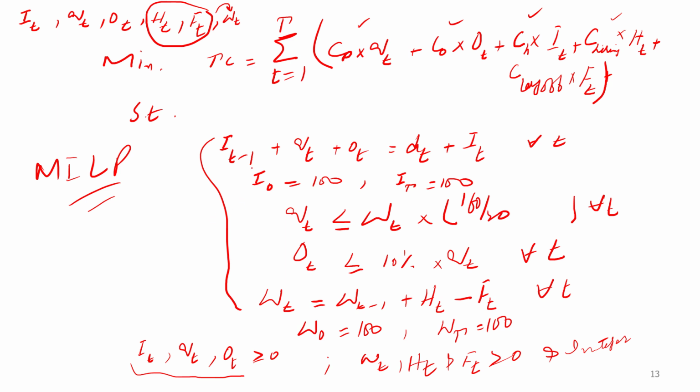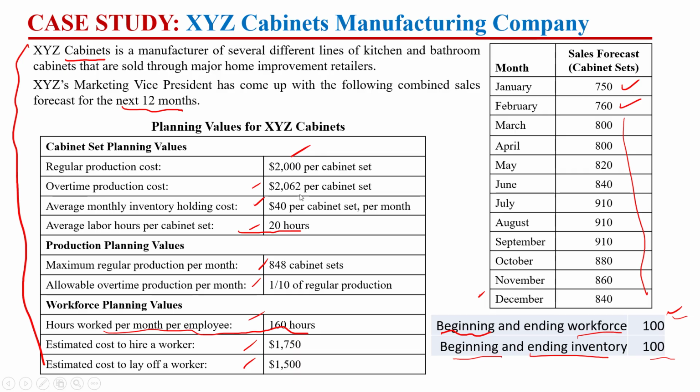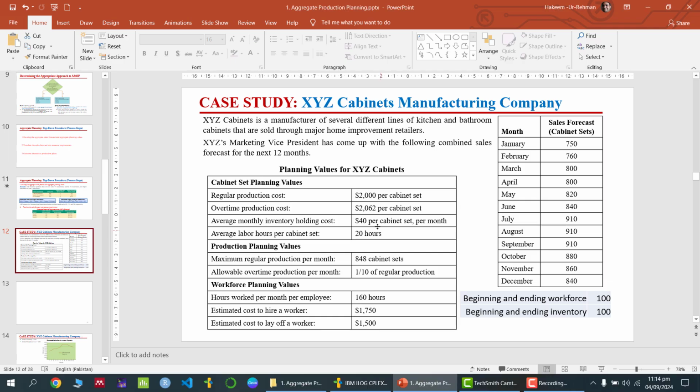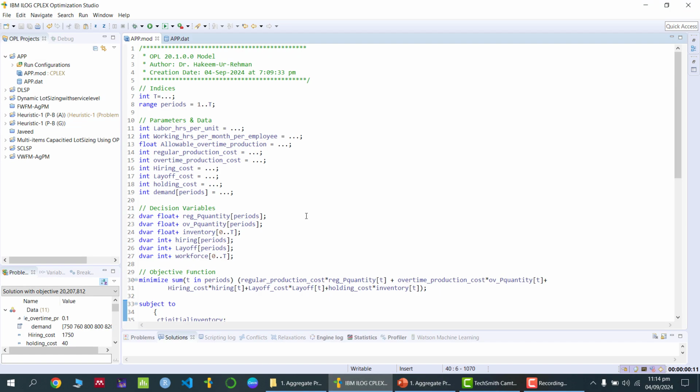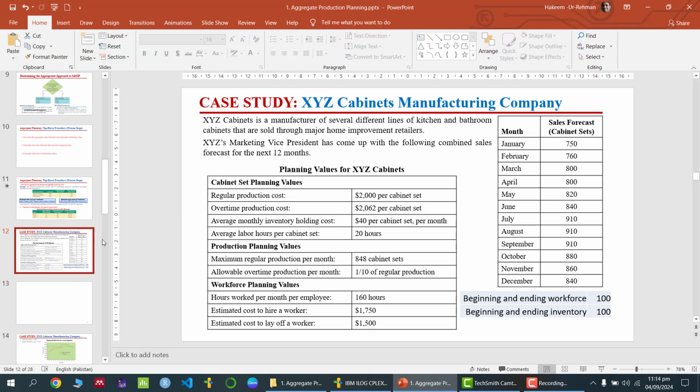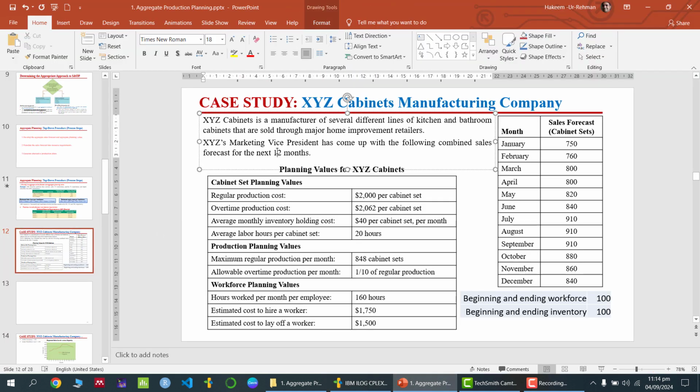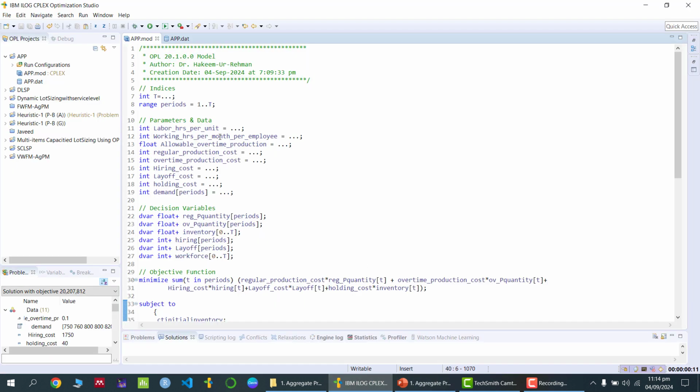Now let's discuss how we can implement this math model to solve this particular case study in IBM CPLEX Studio. First of all, as we have 12 time periods, we need to show the index. So int capital T equals 12.